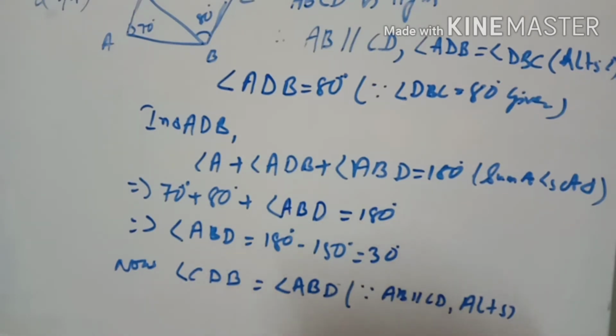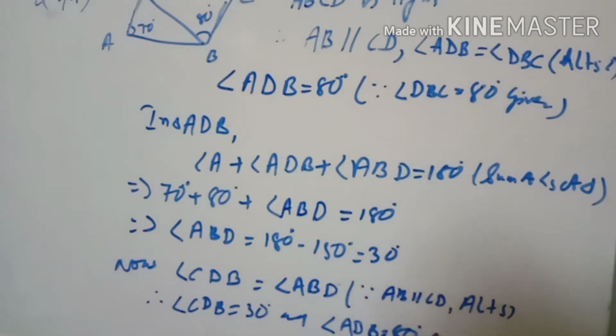Now, therefore angle CDB equals 30 degrees, and angle ADB I have already found, 80 degrees. This is your required answer. Write down please.